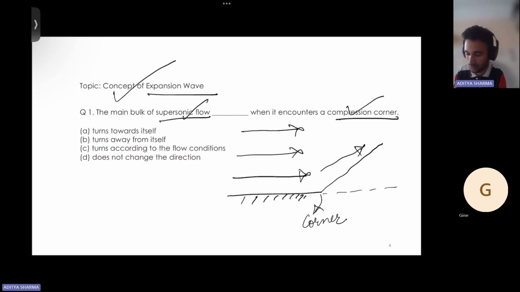So, just as has been answered, it will move towards itself. There are options like it turns away from itself. That is not the case.